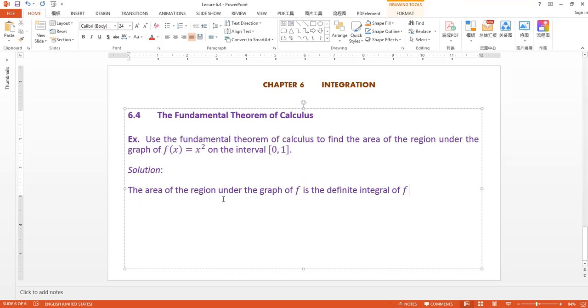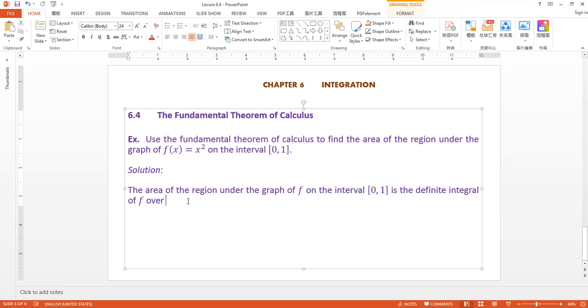So the area of the region under the graph of f on the interval from 0 to 1 is the definite integral of f over the interval from 0 to 1.